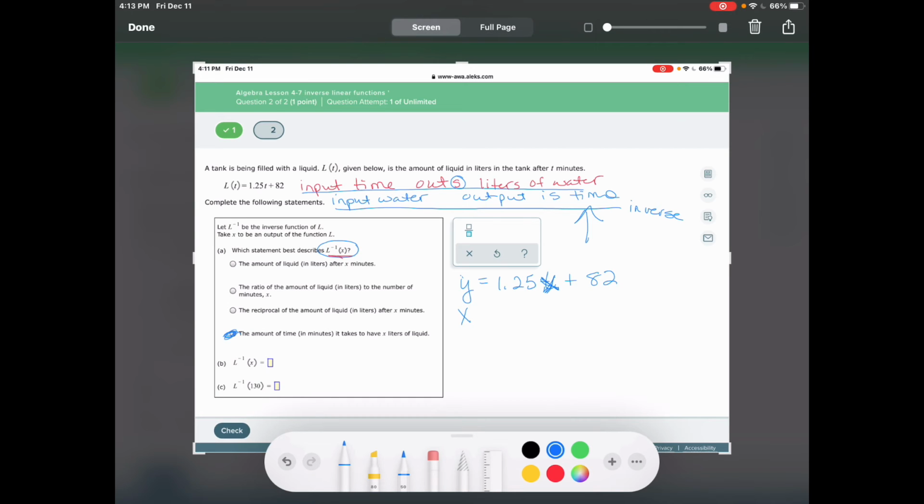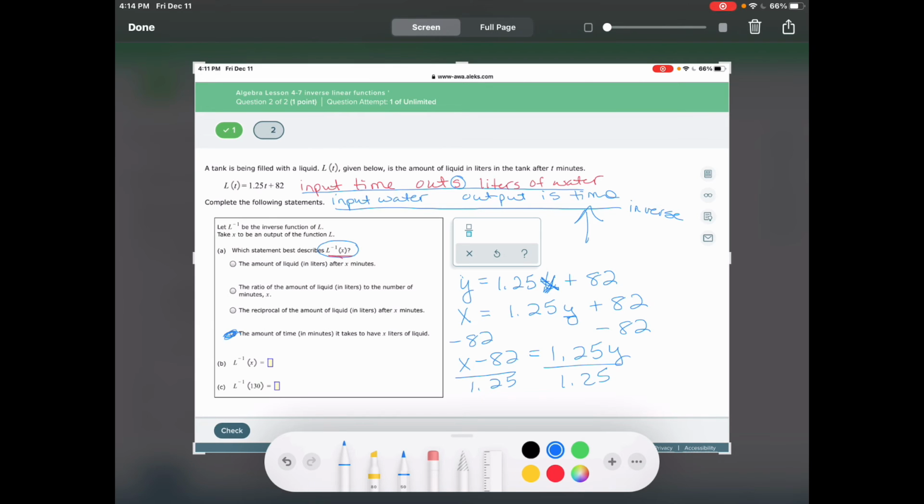And we'll say x equals 1.25y plus 82. And we're going to solve to get y by itself. Minus 82. X minus 82 equals 1.25y. And we have to divide by 1.25.